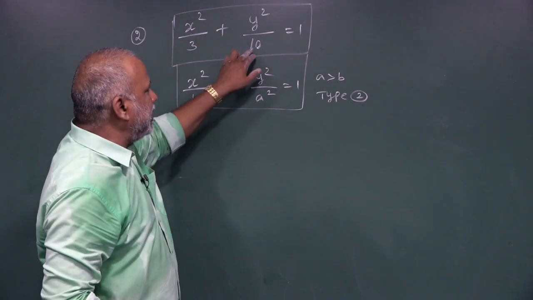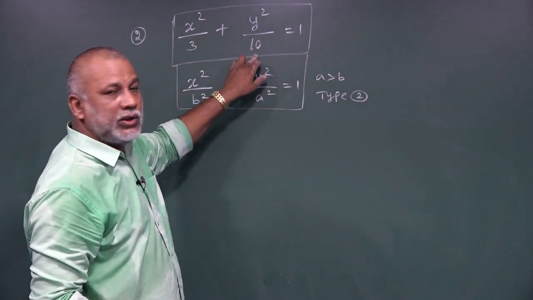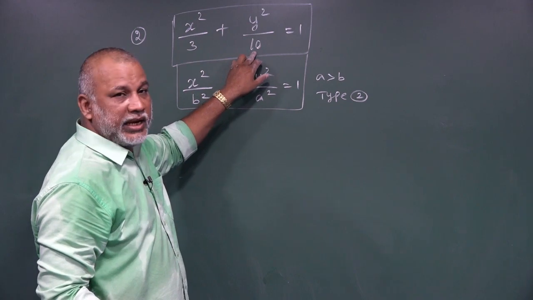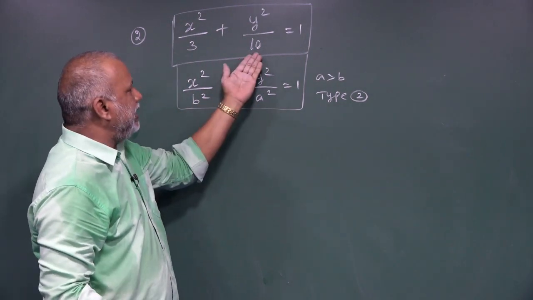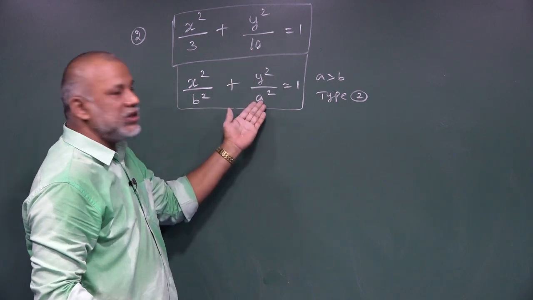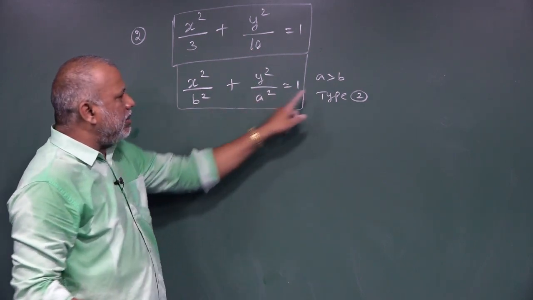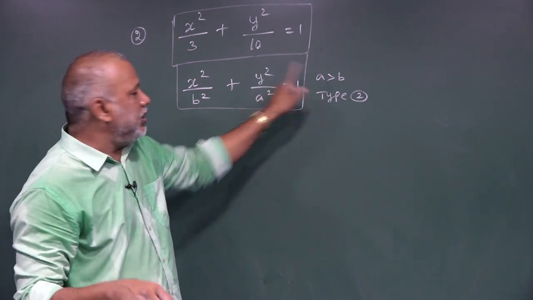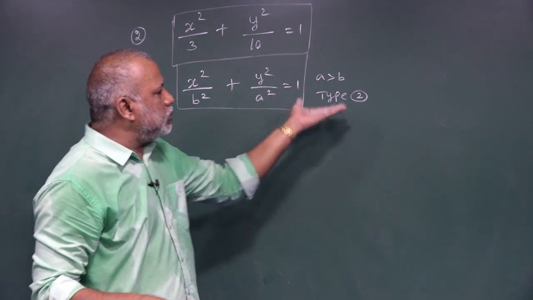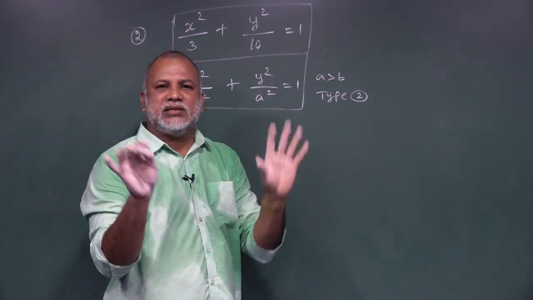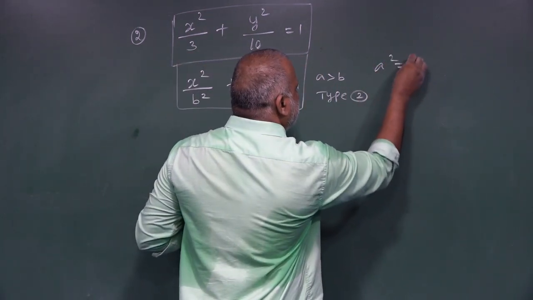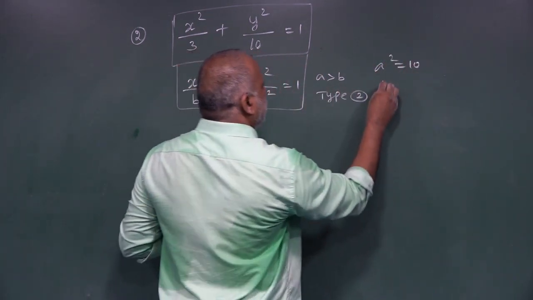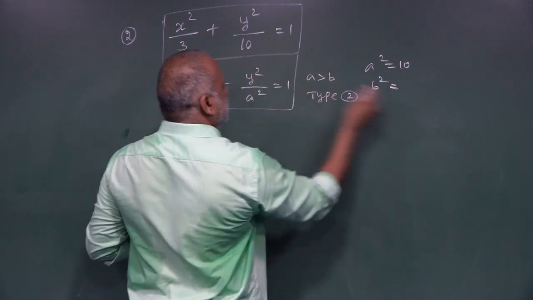This belongs to type 2. See, the denominators: y squared by 10, then x squared by 3. Which number is greater? 10 is greater. Therefore, use the value a squared here, b squared there. Always you are taking a greater than b. Therefore, it is type number 2. Immediately we can justify. See here, a squared equal to 10, b squared equal to 3.